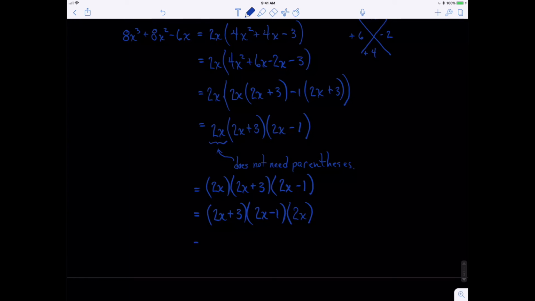So to be consistent on our syntax, we would write this as 2x, and then you could write it as 2x minus 1 times 2x plus 3, and it would recognize that answer as well. The one that it wouldn't recognize is this one. So again, the initial common factor needs to be set in the front of the polynomial.